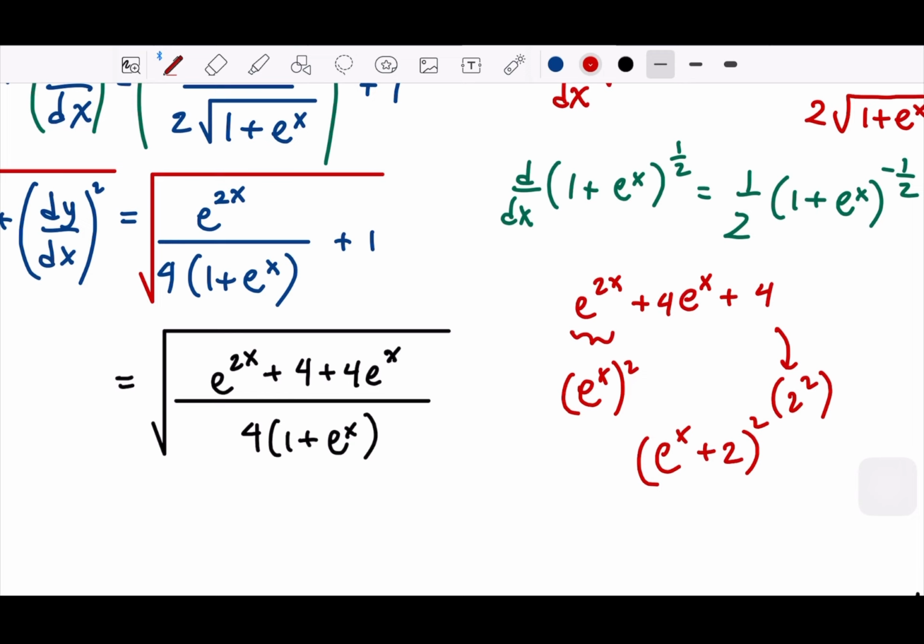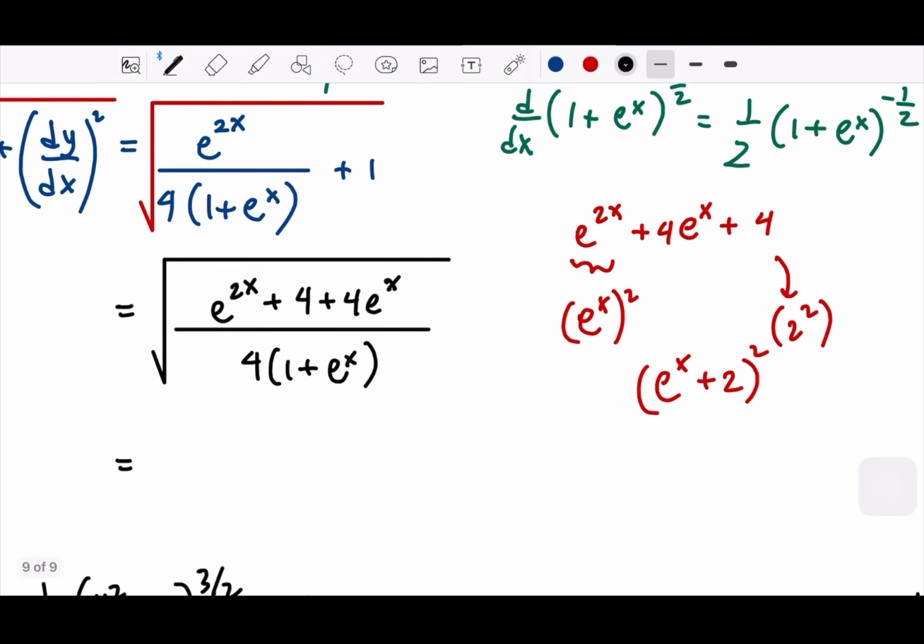If you look at the form, my tip is every time you see the square root and something like this happening, and you might think that this is related to the quadratic formula, perhaps you can simplify that. That's my tip. And I think it frequently happens in problem solving.